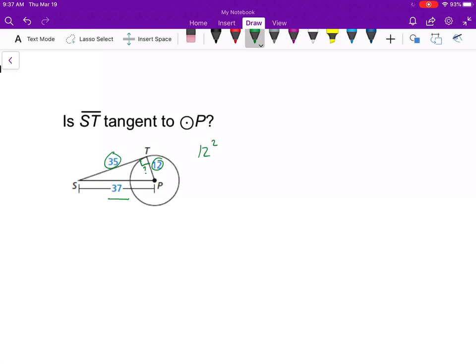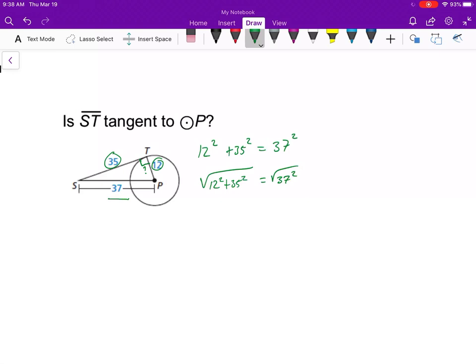So we do 12 squared plus 35 squared equals 37 squared. Square root everything. So 12 squared plus 35 squared, and then square root of 37 squared. Okay. If it's the same thing, we have a right triangle.